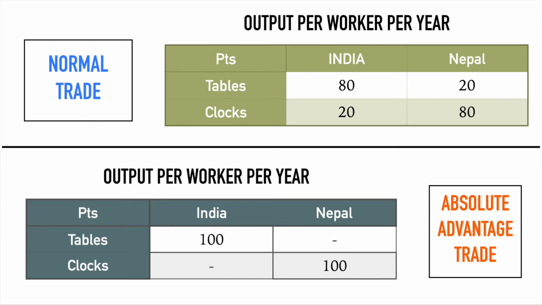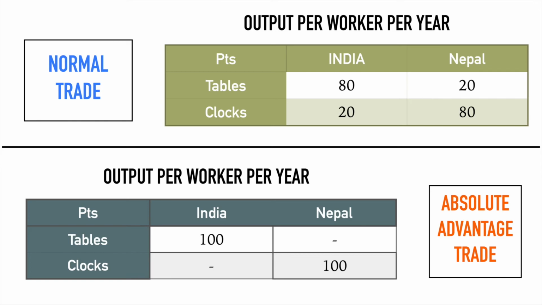According to absolute advantage trade theory, Adam Smith says, why doesn't India concentrate on producing tables? Because India is the most efficient in producing tables. So just concentrate on what you are best at. India produces only tables, so that I can save the time I was using for clocks and use it to produce tables. So what is my output here?